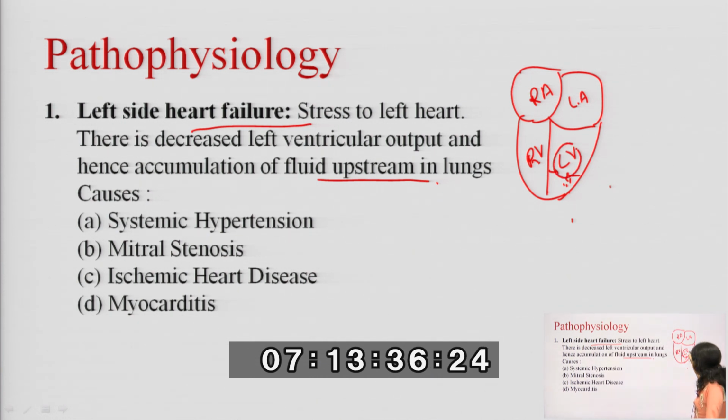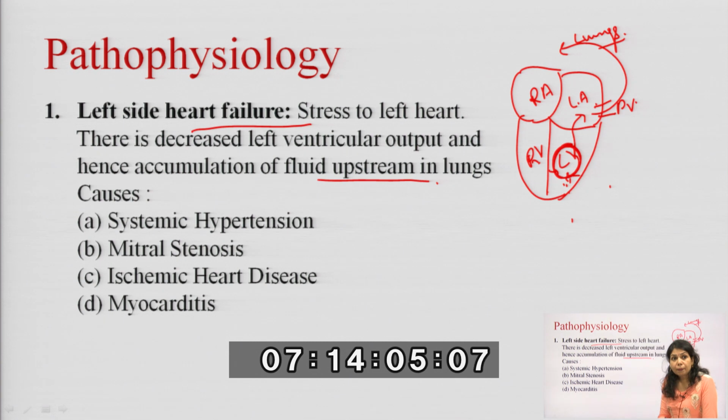So, the blood which is accumulating in the left ventricle, where will it go when the heart is not pumping out? This blood will go back into the left auricle. Now, the blood will be accumulated in the left auricle, and again where will the blood flow from the left auricle? It will go through the pulmonary veins, here, into the lungs.